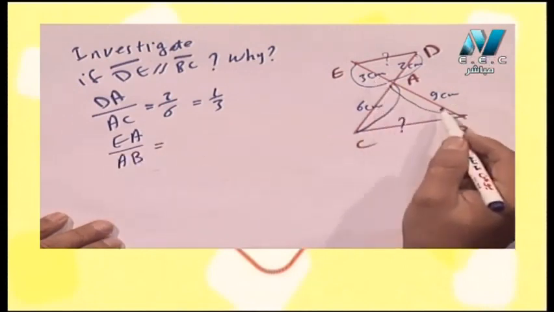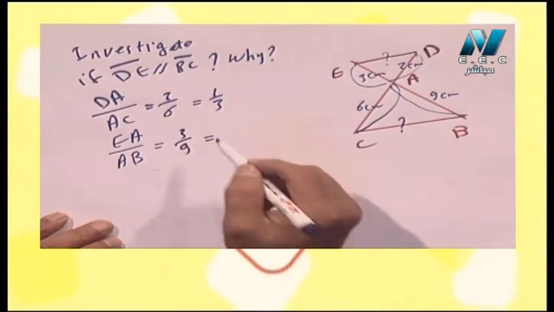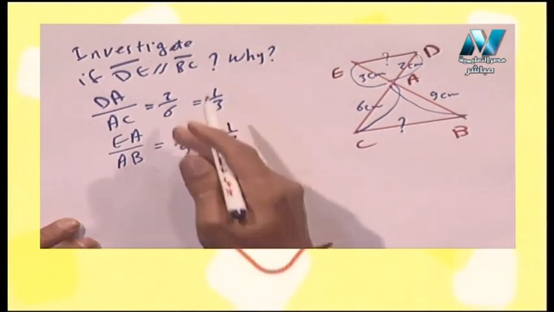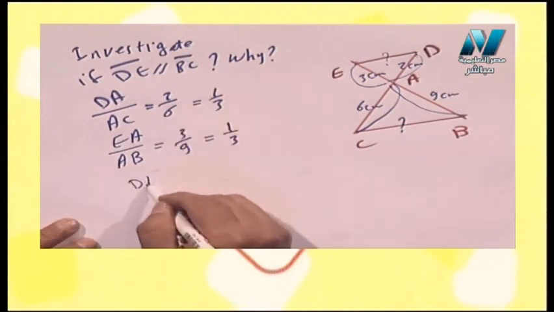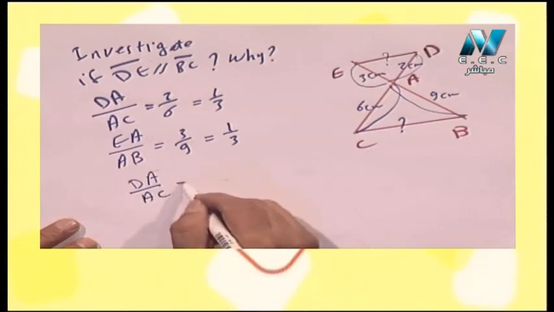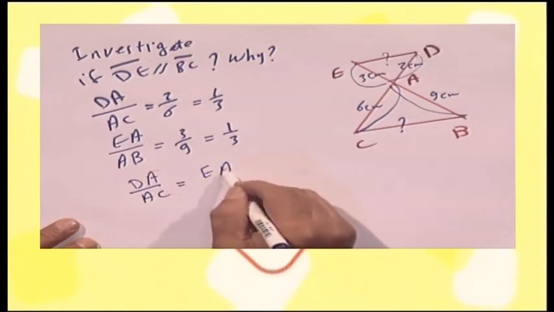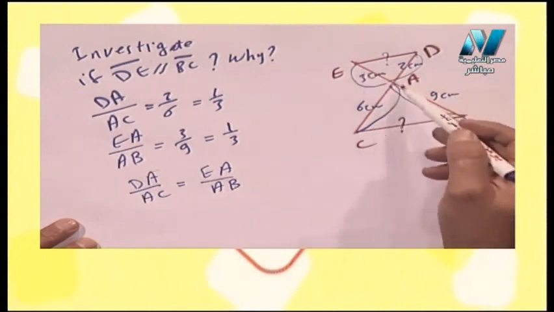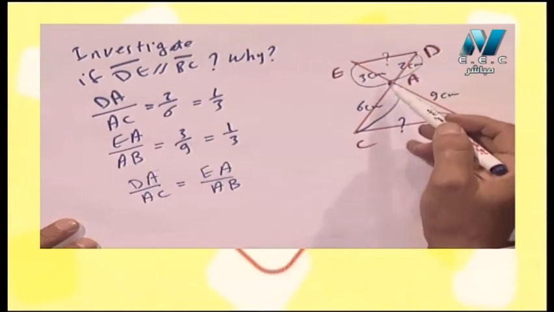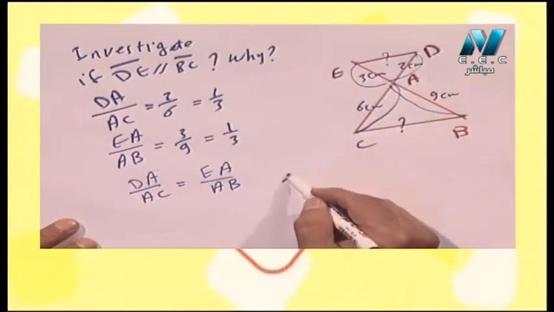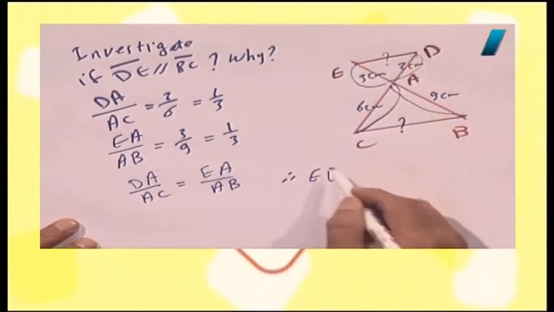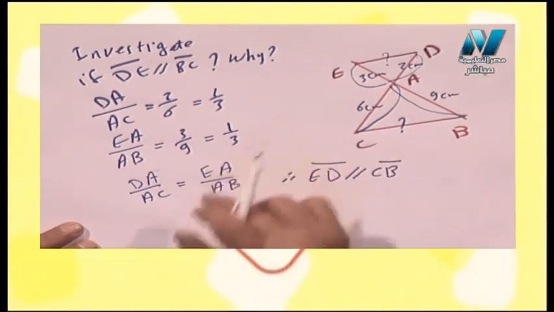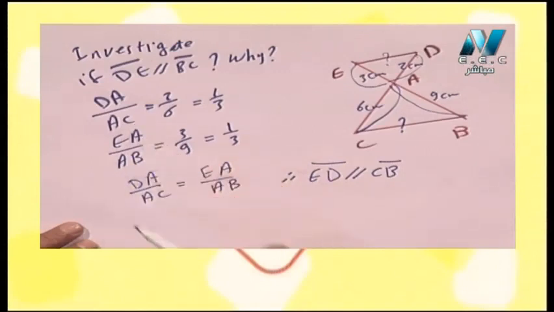It will be 3 over 9. In simplest form, it will be 1 over 3. So we now know that DA over AC equals EA over AB. Therefore, ED is parallel to CB, because this ratio equals this ratio.